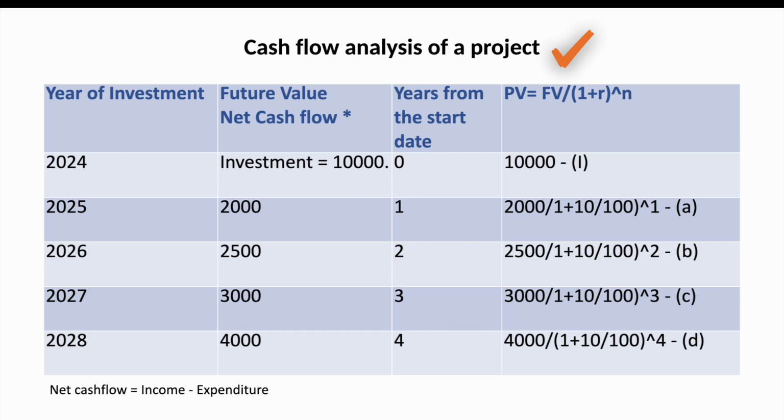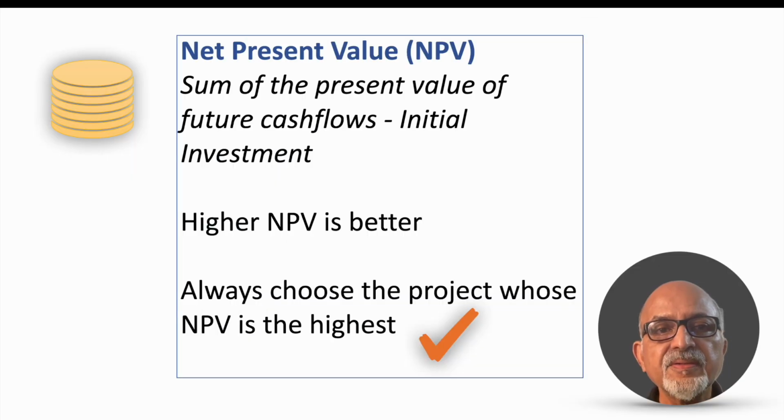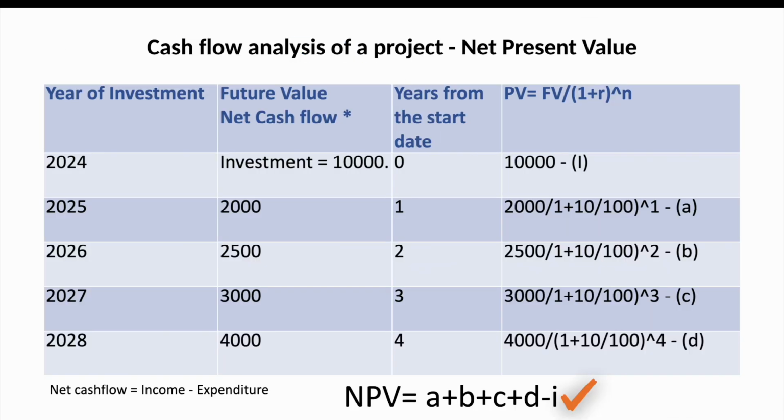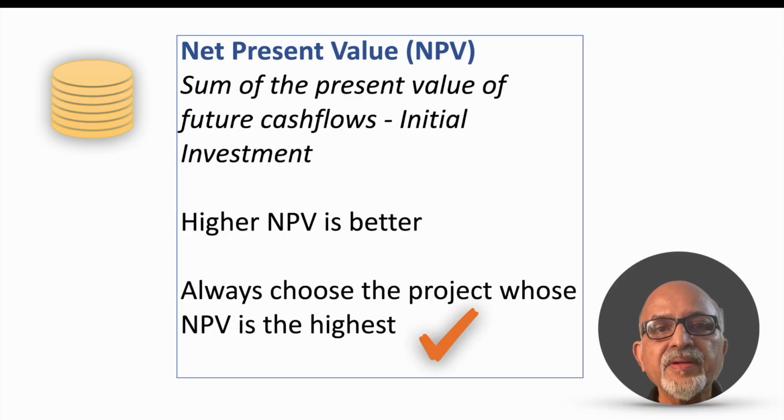Once we do this exercise, now net present value is the sum of the present value of future cash flows minus the initial investment. The initial investment is already in present value terms, so we have to convert all the future cash flows into present value, and from that we subtract the initial investment.